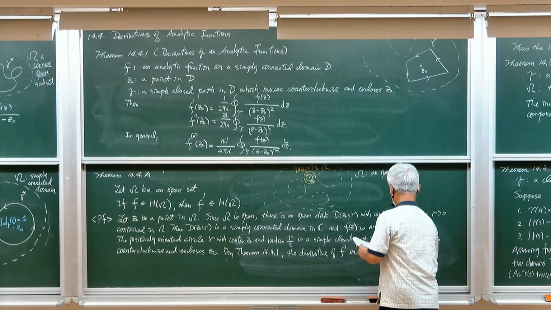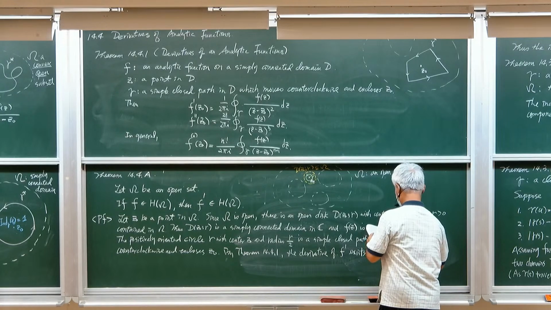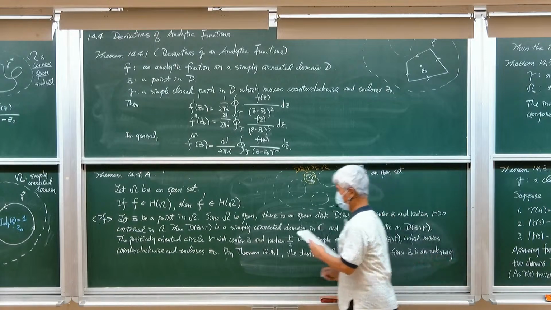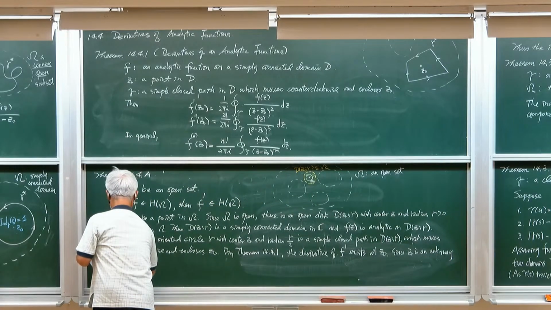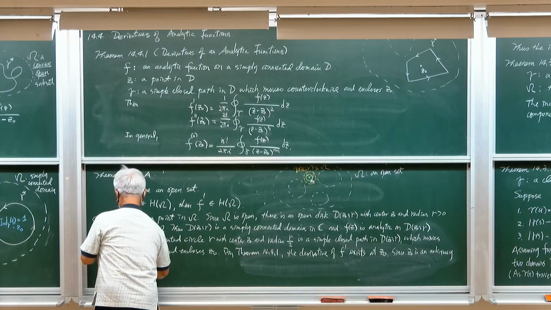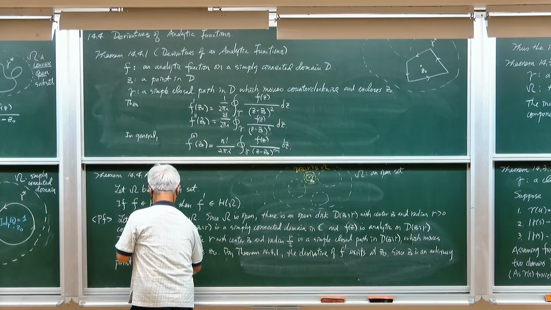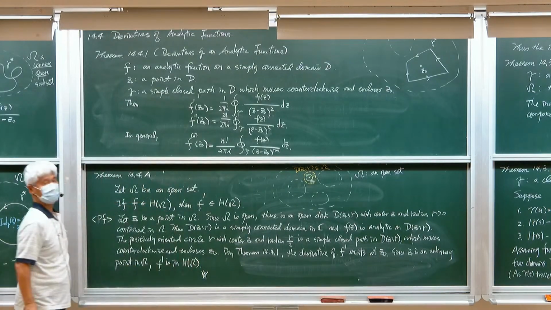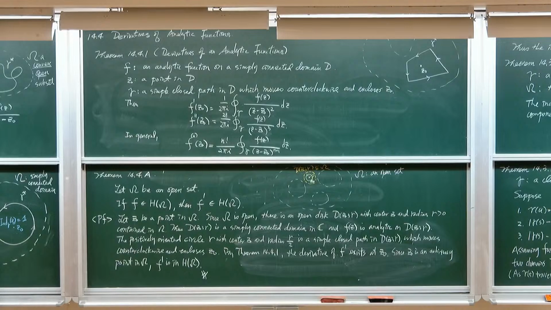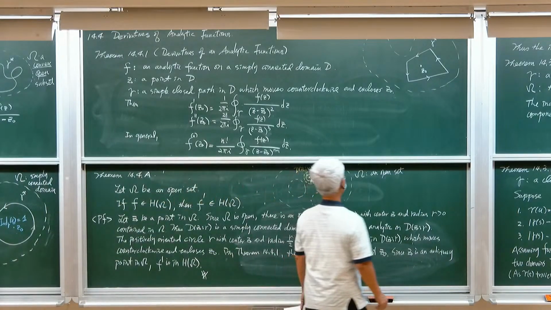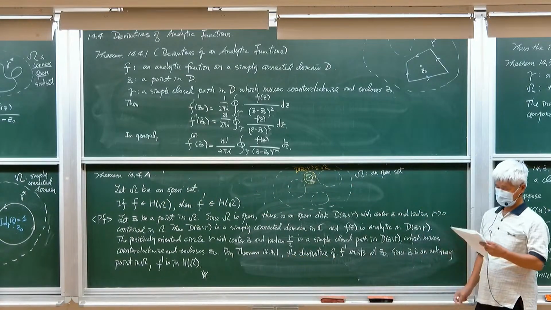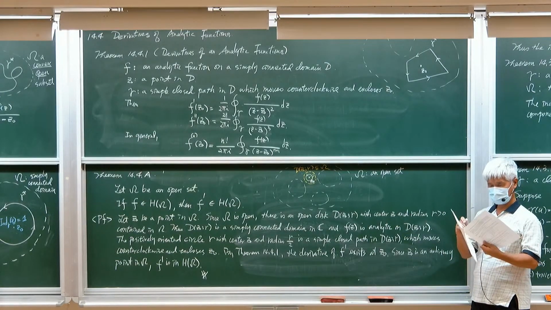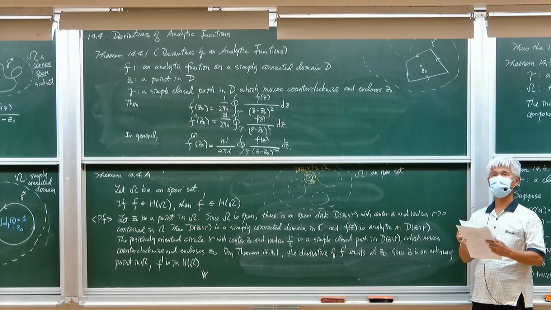Right, and since z0 is arbitrary, it's an arbitrary point in omega, so f prime is in H(omega). Okay. So any questions?